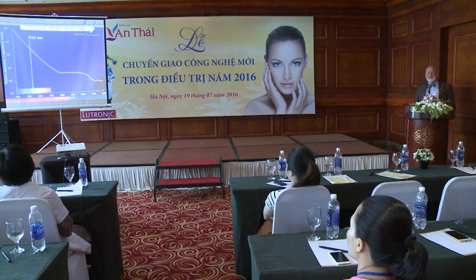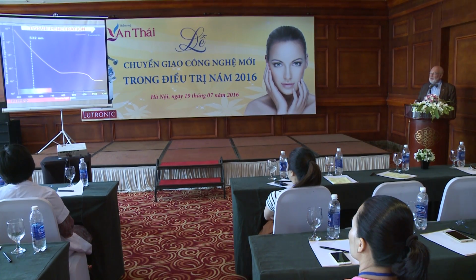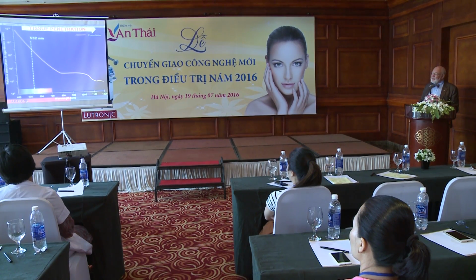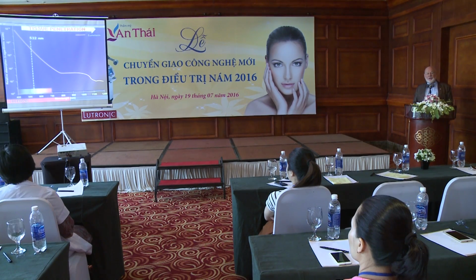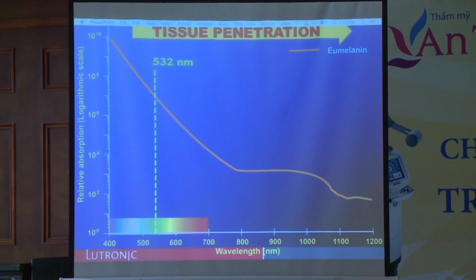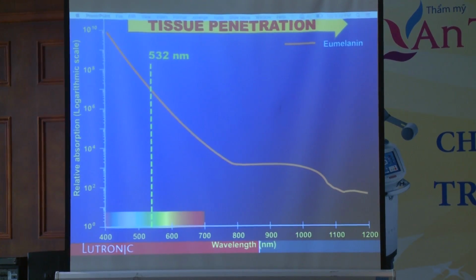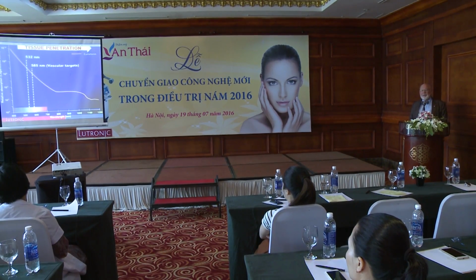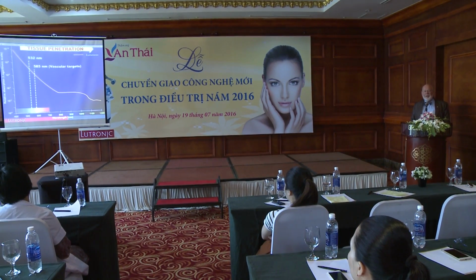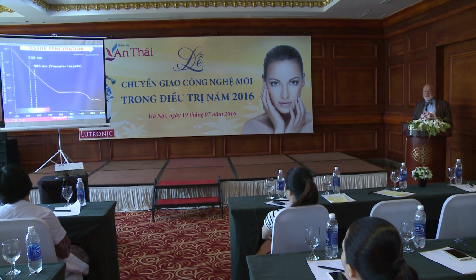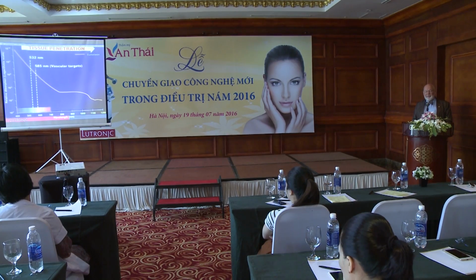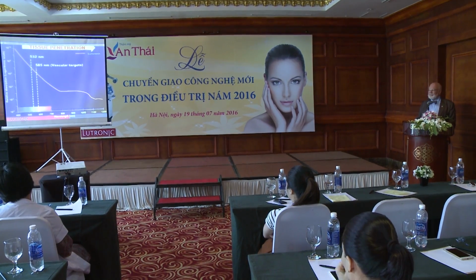So when we look at the colors of spectra, we see 532 nanometers is very highly absorbed in melanin. On the contrary, it doesn't penetrate into skin very well. 585, the yellow wavelength, is not really for melanin treatment, it's more for treating blood vessels or blood vessel related problems. It's also very good for treating red tattoos.